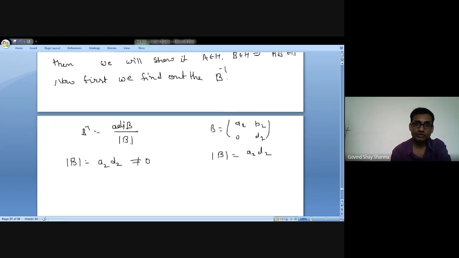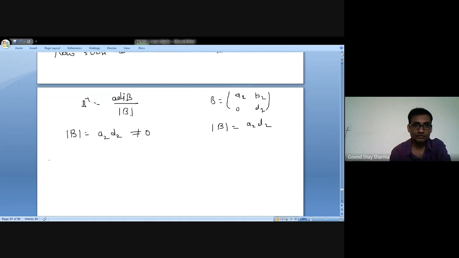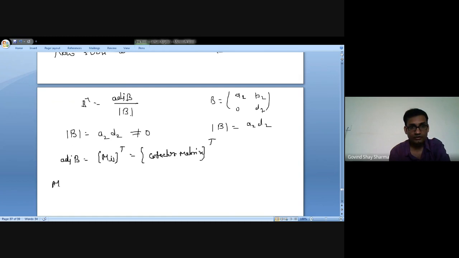Then B inverse exists and adjoint B is the transpose of the cofactor matrix Mij.